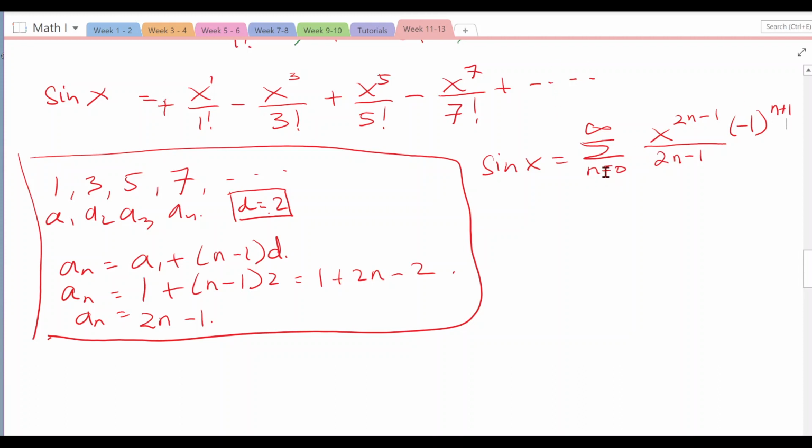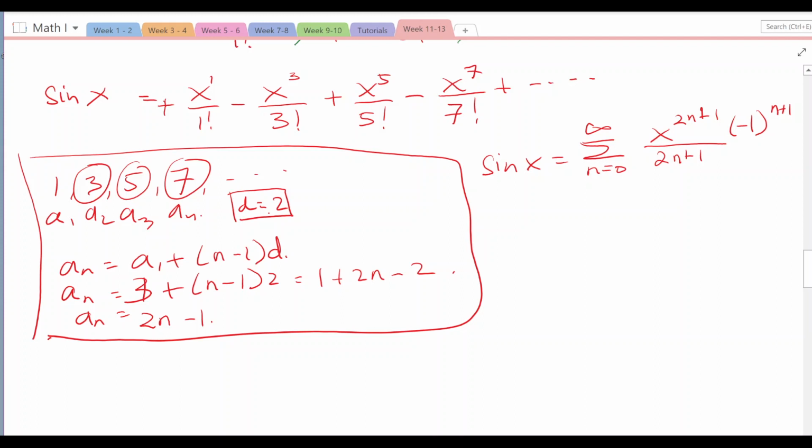Starting from n equals 0, it cannot be 2n minus 1, since 0 minus 1 is negative 1. It looks like the term must be 2n plus 1 instead. We ignore the number 1 and start from 3, so we have 3 plus n minus 1 times the difference, which is 2.